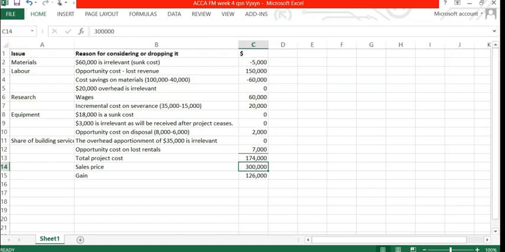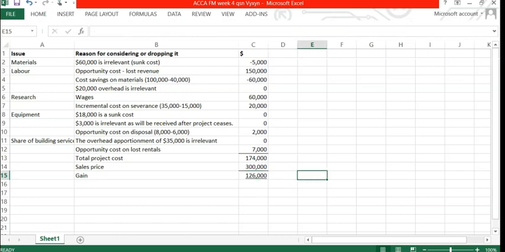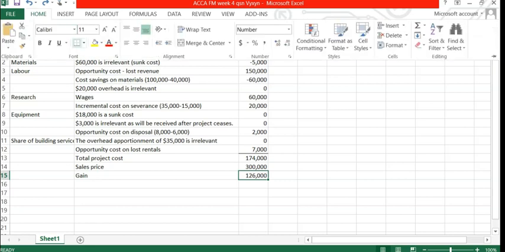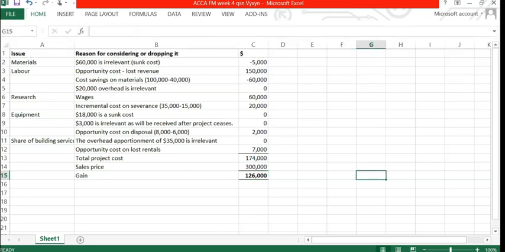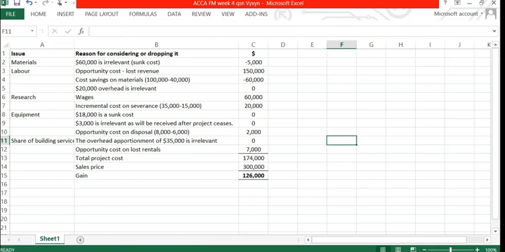Obviously, we can undertake the project as it adds value. Okay, there is a gain by the end of the day, so we can just do the project. Can just do the formatting, although there are no marks for formatting, but it's a good practice to have good presentation skills. Okay, that's it, ladies and gentlemen, for the relevant costing example.